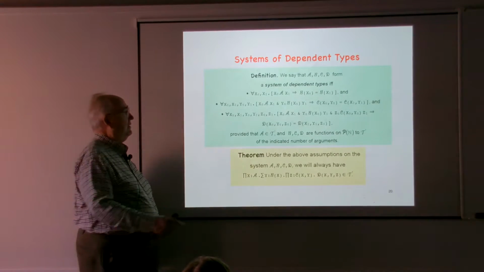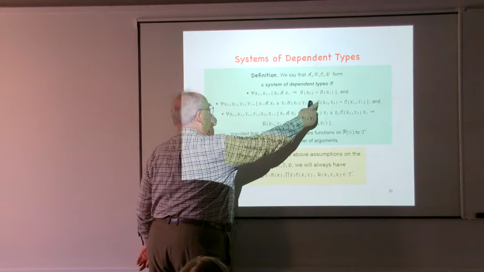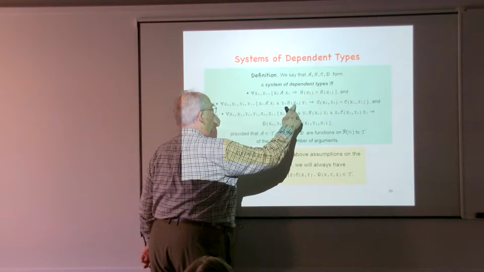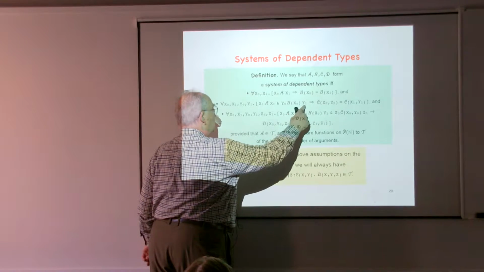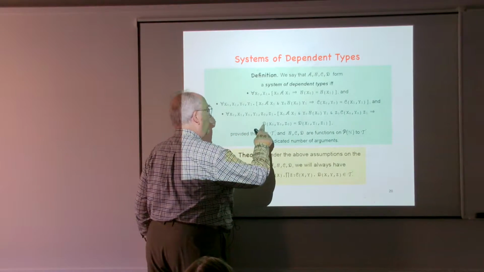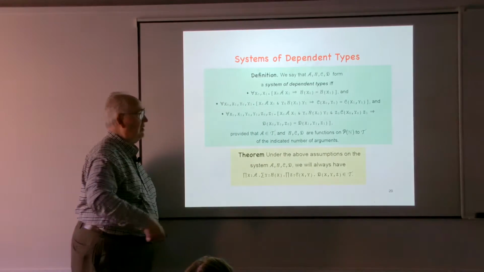First, you have a family of types indexed by A, and then you have a family of types indexed by both A and B, but you have to be careful to say how indices from B affect the values there. And then you can have another family indexed by A, B, and C, cascading these things here.